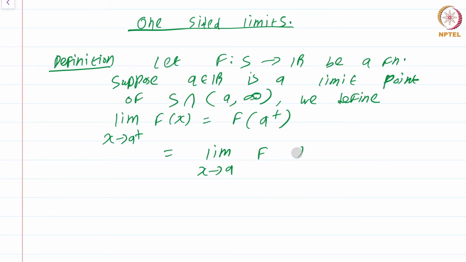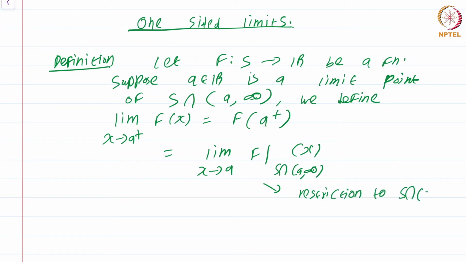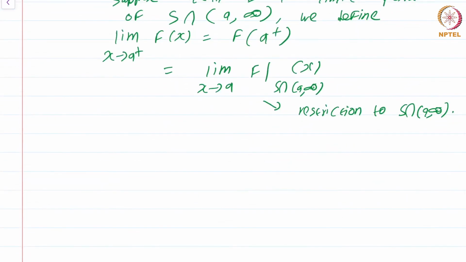What we do is we restrict this function to S intersect (A, infinity) and then take limits. Recall, this stands for restriction to S intersect (A, infinity). So again, a picture is worth 1,000 proofs.